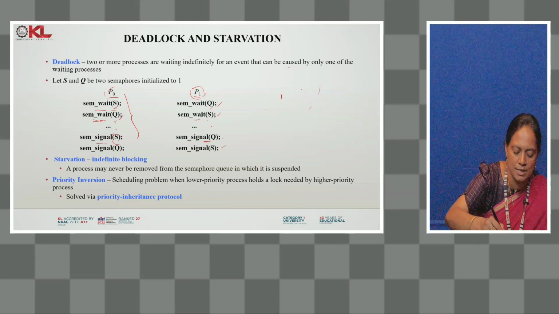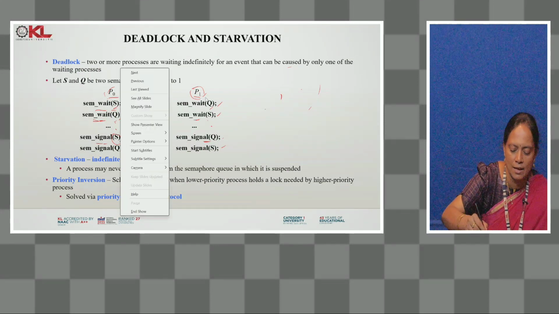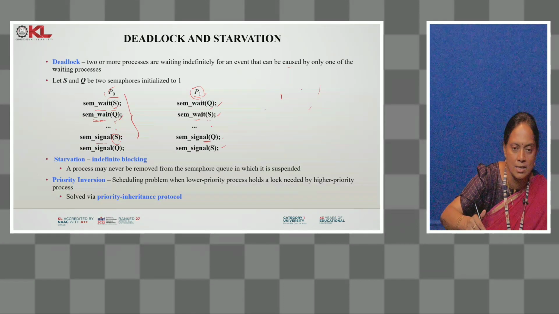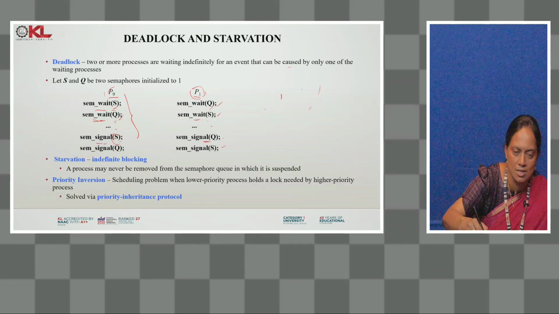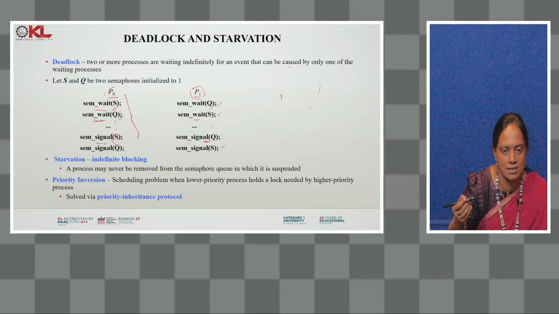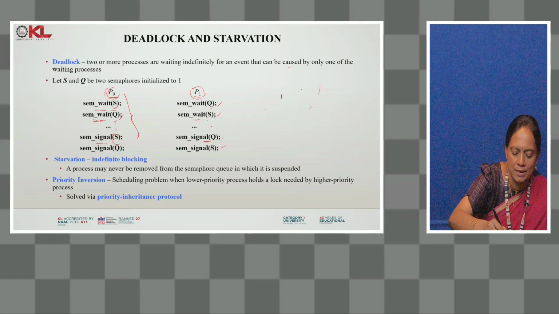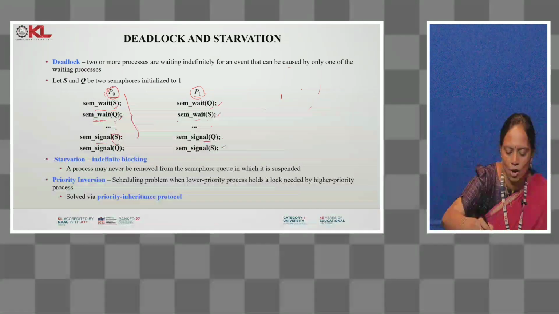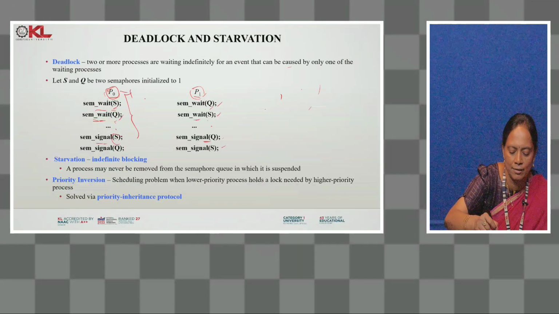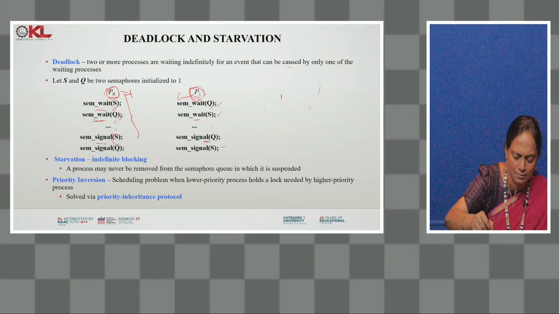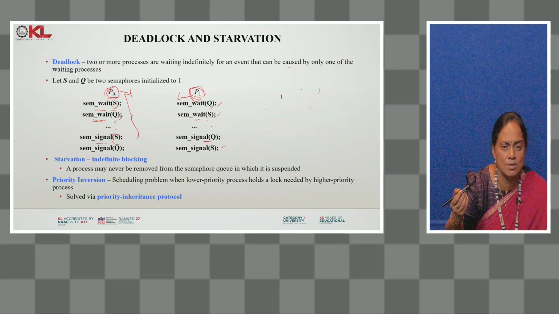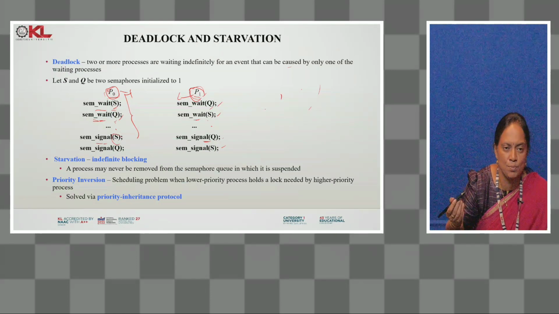So when P0 executes signal on S, P1 is able to execute wait on S. Whenever P1 wants to execute wait on S, P0 has to execute signal on S. So process P0 is waiting for an event caused by process P1, and process P1 is waiting for an event caused by process P0. These two processes are in the deadlock state.